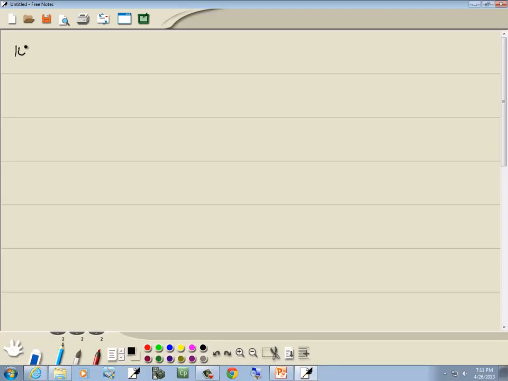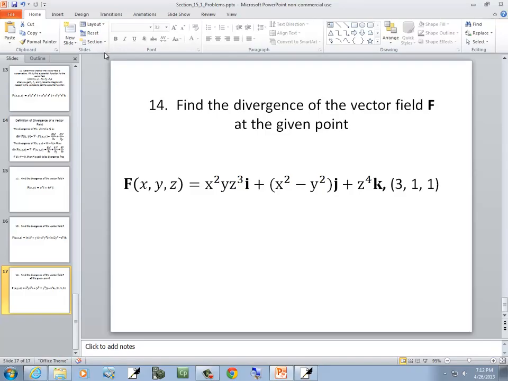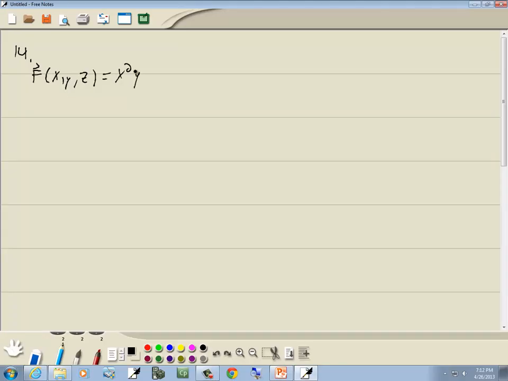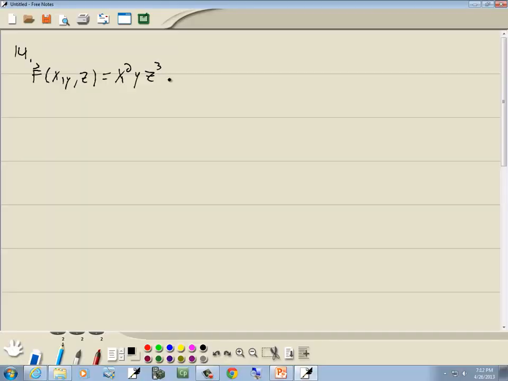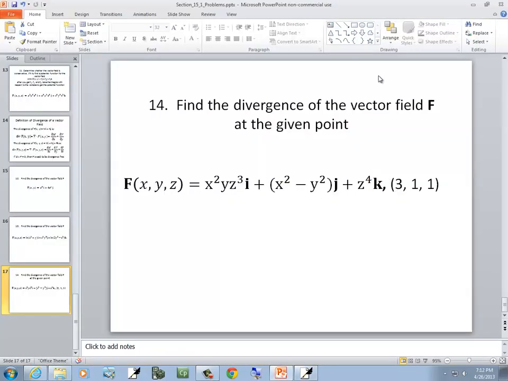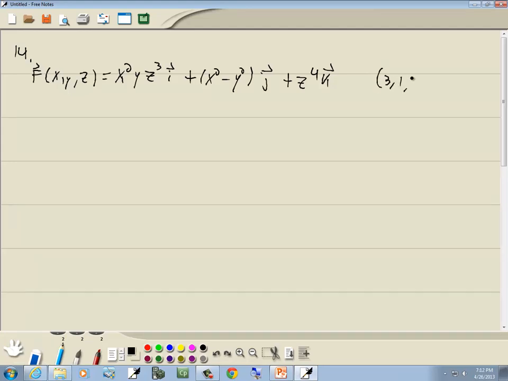So we've got f equal to x squared y z to the third i, plus x squared minus y squared j, plus z to the fourth k, at the point 3, 1, 1.